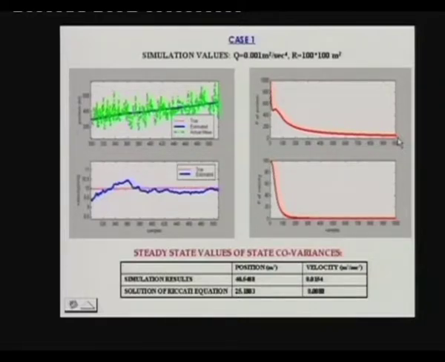This is an observable system, right? Controllable as well. And note the convergence: about 300 to 400 samples it has mostly converged. It has come to about 90-95% of the steady state value, right?